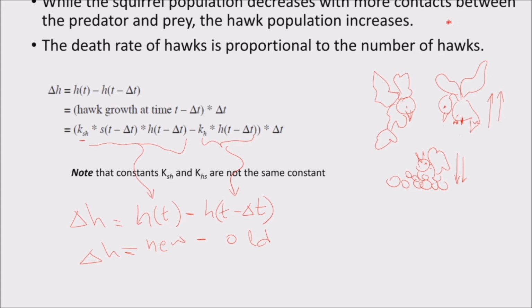So you can see the previous one we had HS, now we have SH multiplied by the hogs and the squirrels. So the multiplication of those two populations is here. Subtract the previous one and it will be the change in population. So that is the twist from the previous equation to this equation, right?